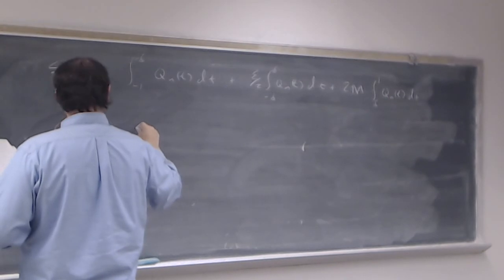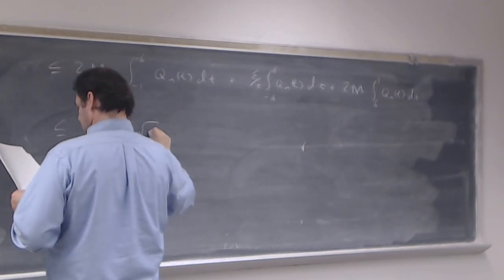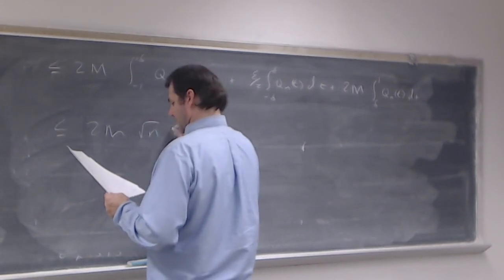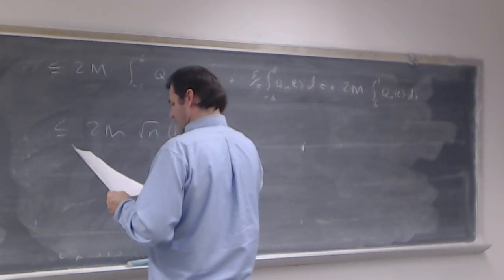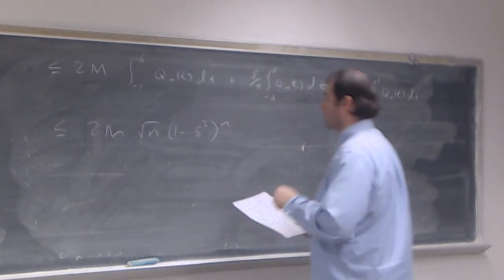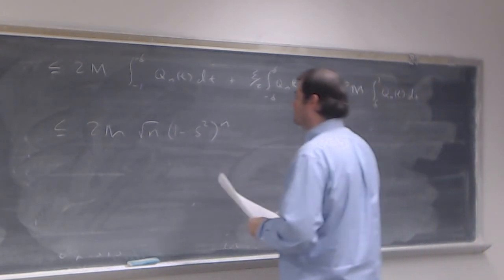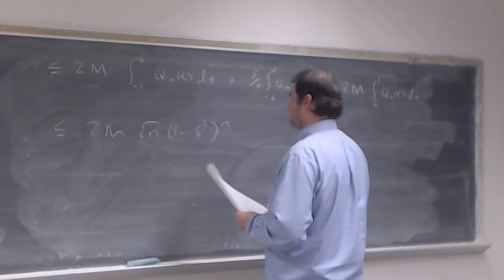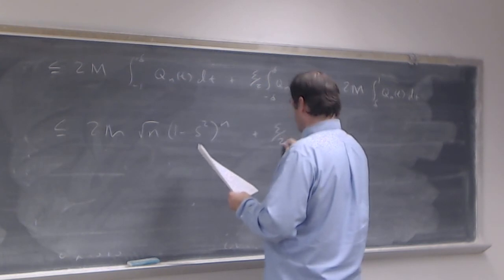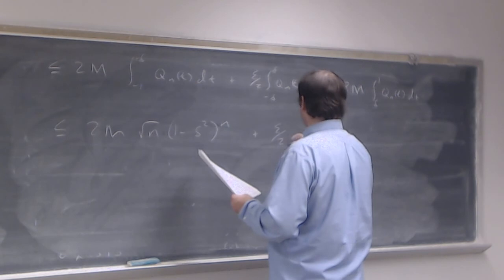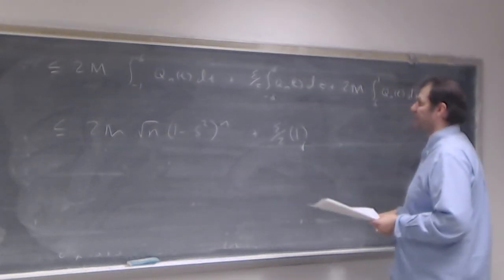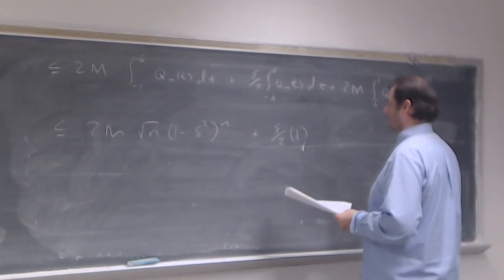And for this interval, putting in something bigger, it is less than the square root of n times (1 minus delta squared) raised to the n, that's a constant, plus epsilon over 2 times something bigger, which is 1, because the integral of q sub n from -1 to 1 is equal to 1.